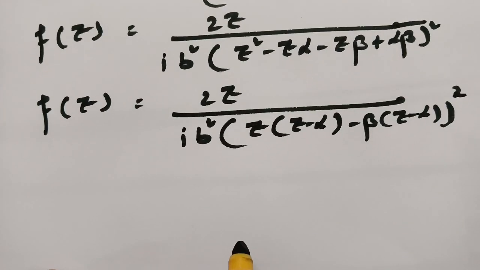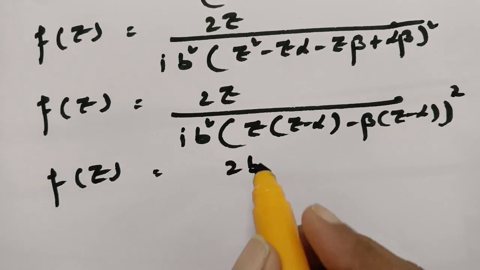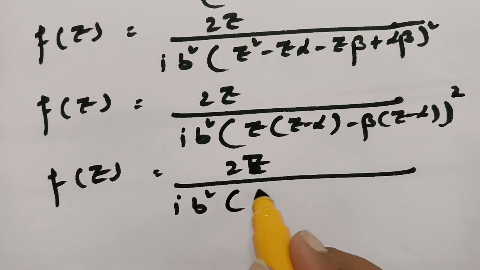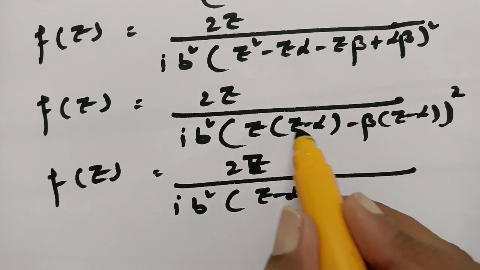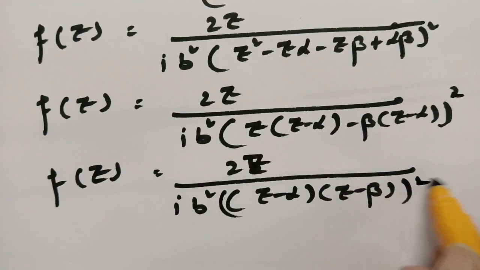Therefore f of z is equal to 2z by i into b square, and taking z minus alpha common, this will be (z minus alpha) times (z minus beta) whole square.